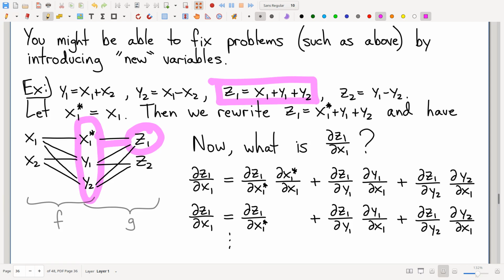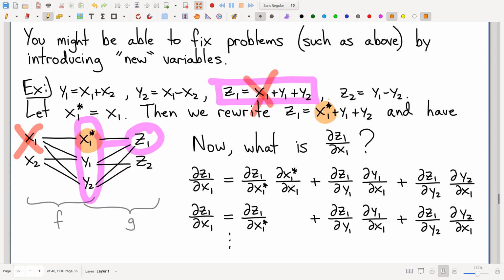So I need to rewrite z1, which I very importantly don't want to view as coming out of x1 anymore, where I have x1 star in that place. Is that cool?